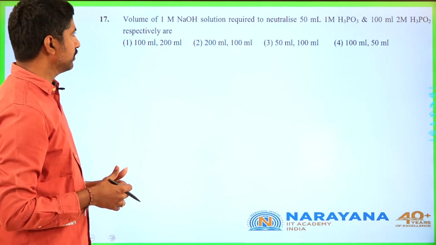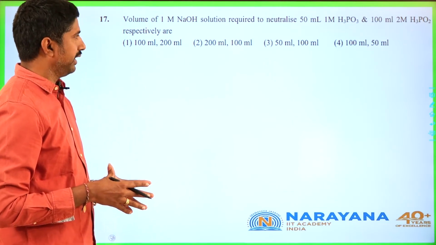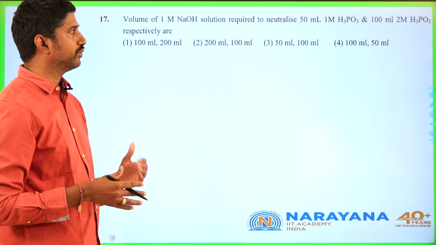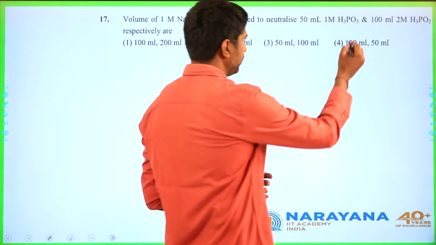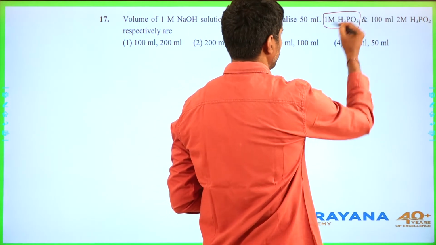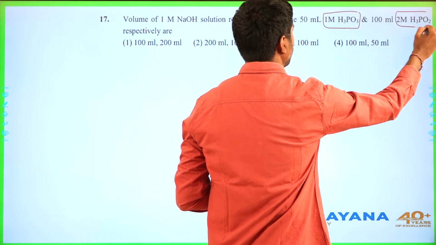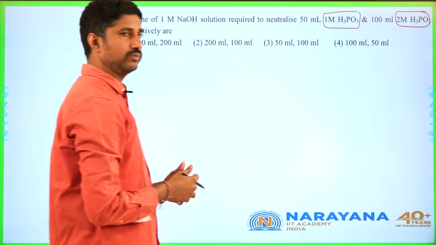And this is the next question. What volume of 1 molar NaOH solution is required to neutralize 50 ml of 1 molar H3PO3 and 2 molar H3PO2?